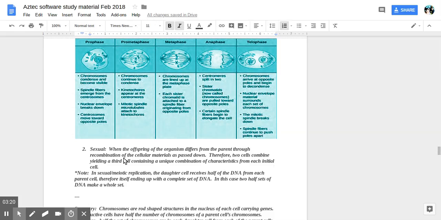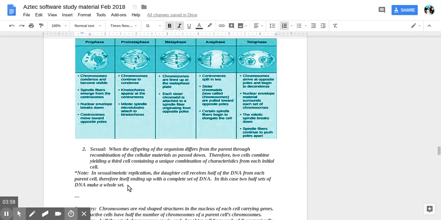In contrast, sexual division is similar. The phases are pretty much similar in the process. The offspring of the organism differs from the parent through recombination of the cellular materials passed down. Two cells combine, yielding a third cell containing a unique combination of characteristics from each initial cell. The only difference is the number of chromosomes.